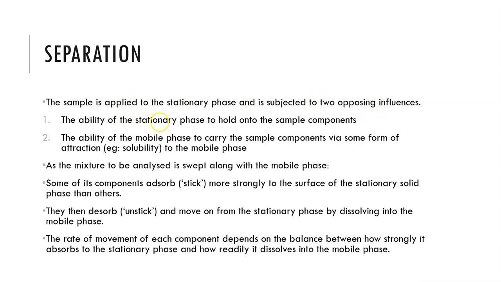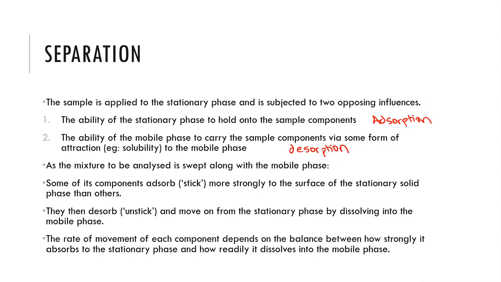That is, the ability of the stationary phase to hold on to the sample components and slow them, i.e. whether or not the substance will spend more time dissolved into or stuck to the stationary phase, an adsorption event, or the ability of the mobile phase to carry the sample components through solubility or other attraction. This is desorption. So this is when it is not being stuck to the stationary phase.